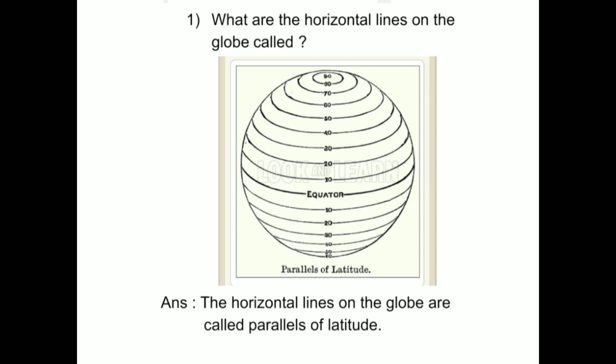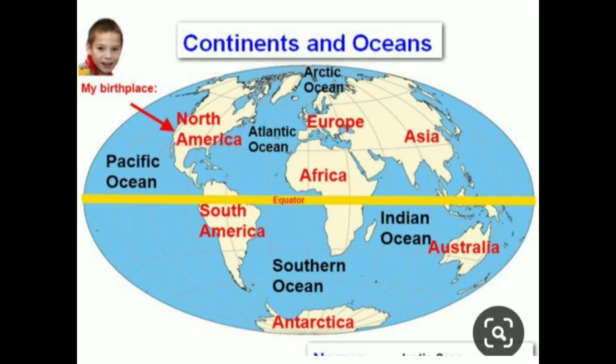Now we will move to the second question, but before that, just observe this world map. Here we can see the continents and oceans, and some words are written in red color and some are in black color.